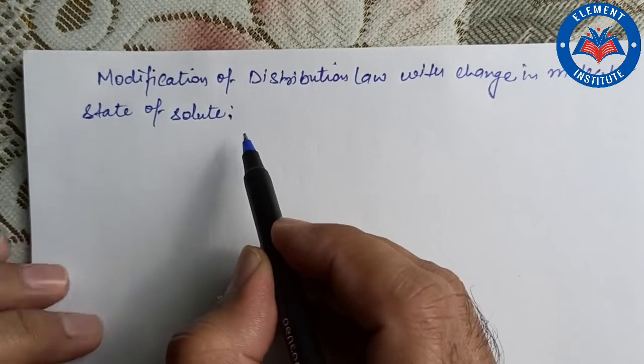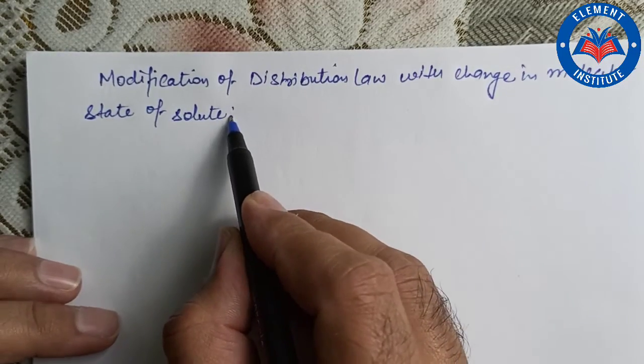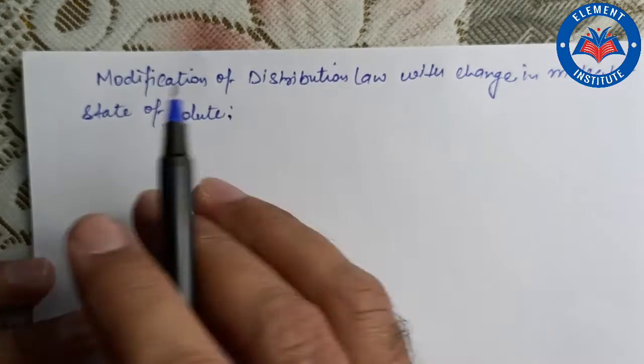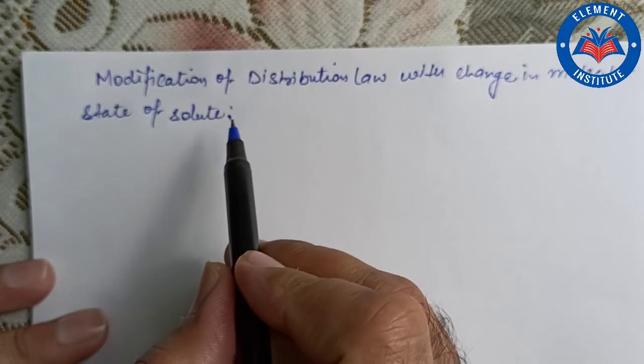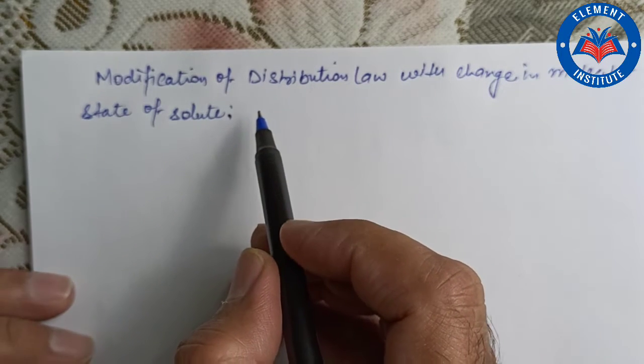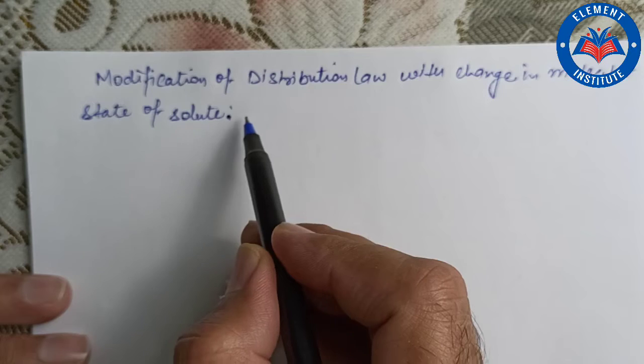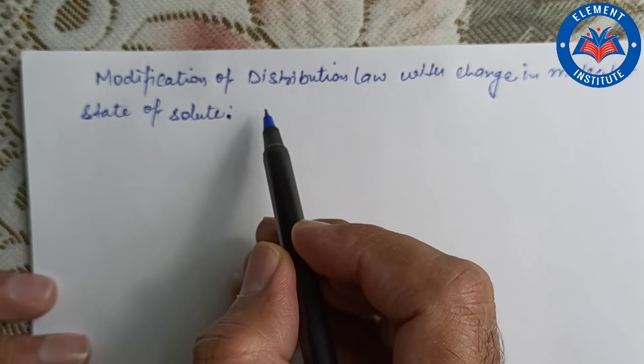Means if the solute either associates or dissociates in any one of the liquids, then what would be the partition coefficient or how it would be calculated. So this is today's topic.